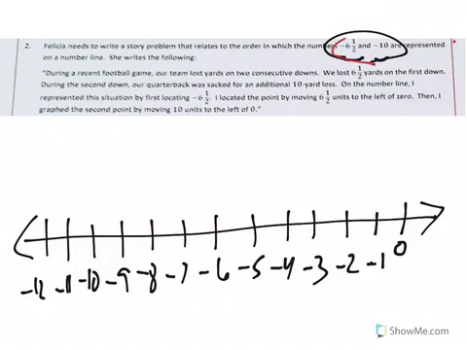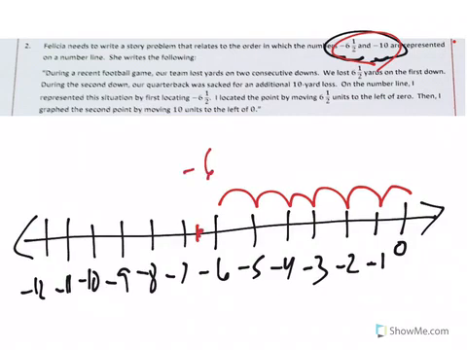So first thing, we want to graph these numbers. So on the first play, they're at the line of scrimmage, so that's 0. They haven't earned yards, which would be positive. They haven't lost yards, which would be negative. And they lose negative 6.5. So that's going to the left 6. 1, 2, 3, 4, 5, 6. And halfway would be right here.